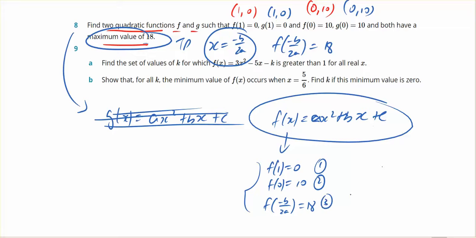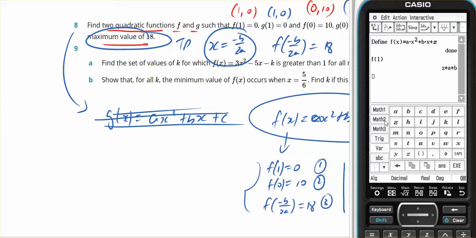So what I'm going to do is solve for a, b, and c. I'm going to plug it into simultaneous. I'm going to click this button, click it three times because I want three equations.